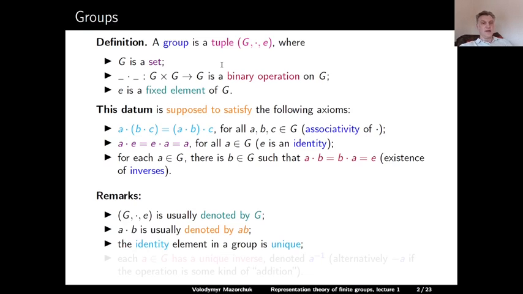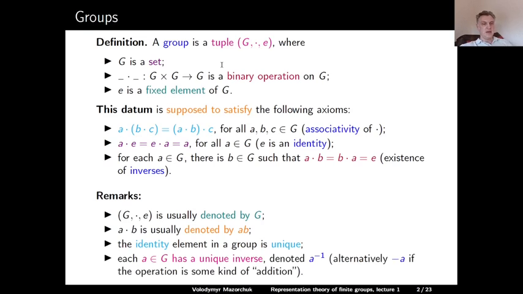Then we know that the identity element in any group is unique, and also each element in a group has a unique inverse, which is usually denoted A inverse, or it is sometimes denoted minus A if the binary operation which gives a group structure is some kind of addition.